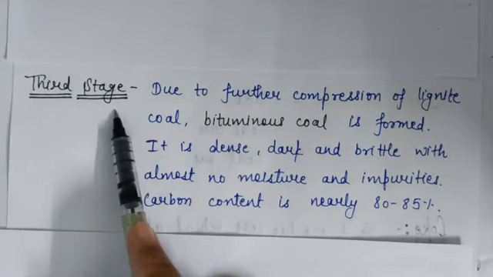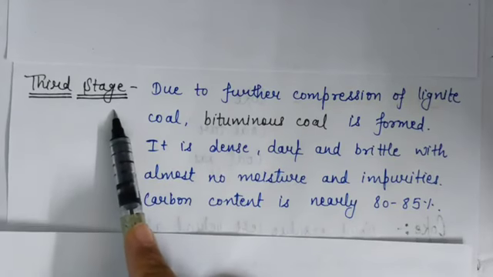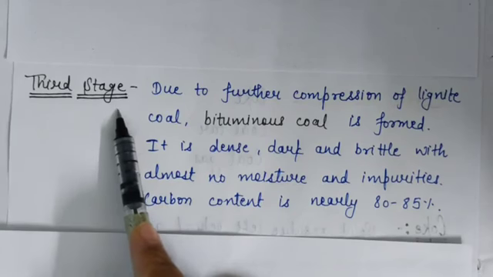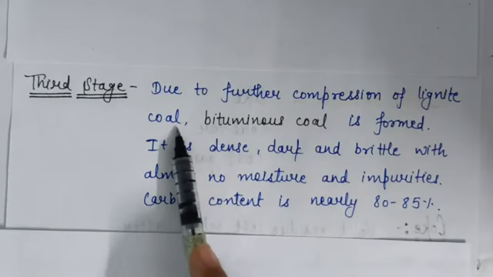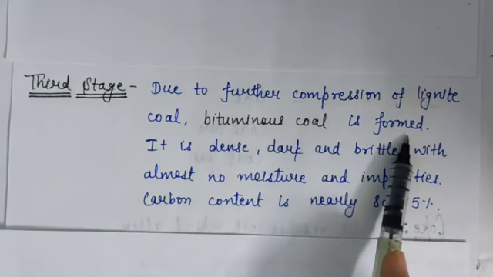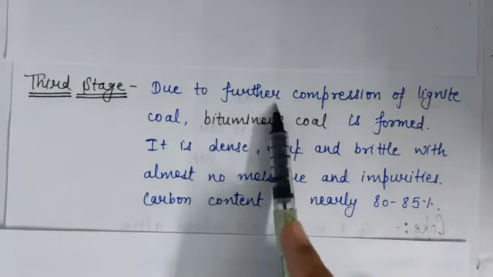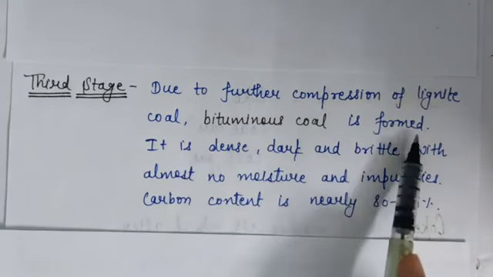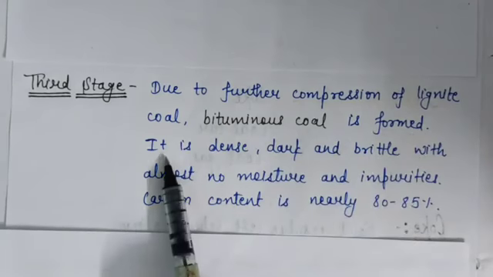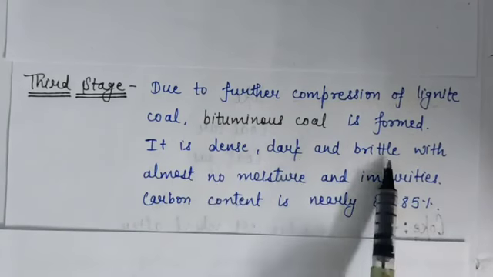Third stage. See, in the second stage lignite coal is formed due to compression. Now when we further compress lignite coal, bituminous coal is formed. And this is dense, dark and brittle.